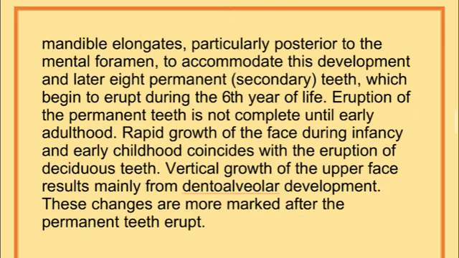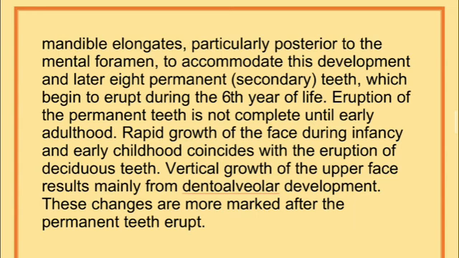The body of the mandible elongates, and you notice this particularly posterior to the mental foramen, and as it elongates, it accommodates the development of the primary and later the 8 permanent, that's the secondary teeth, which begin to erupt during the 6th year of life. Eruption of the permanent teeth is not complete until early adulthood. There is rapid growth of the face, and this is seen during infancy and early childhood, which is actually the period where you have eruption of the deciduous, the primary teeth.